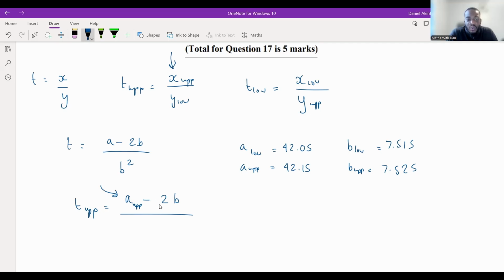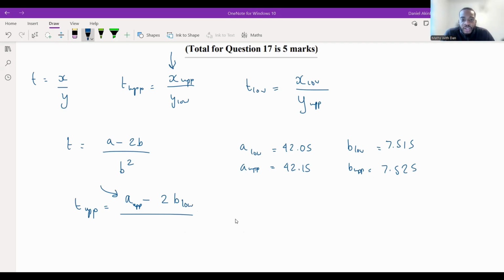This thing is being taken away. We're taking away 2b. So which boundary am I going to use for b, guys, to get that? We want to make it as big overall, so the thing that we're taking away, we want it to be as small as possible. So it's going to be the lower bound I'm going to use here. Does that make sense, guys?